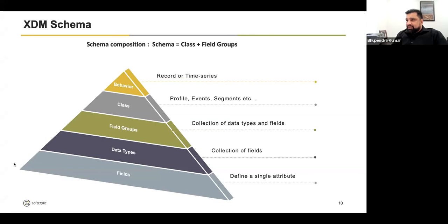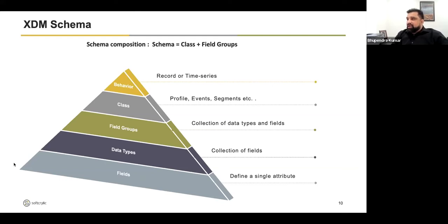The class is the most important stage, where you need to define whether the data source you're bringing is profile, attribute, event based, or a segment type. When I say profile, it is basically the attribute data that is going to be ingested into the system. When I say events, it's timestamp based data, so it has a timestamp.